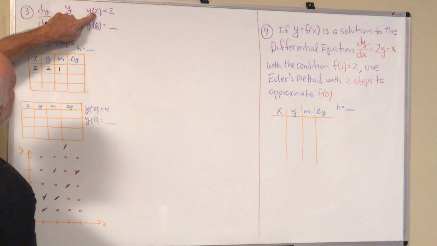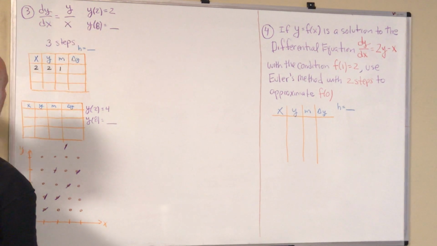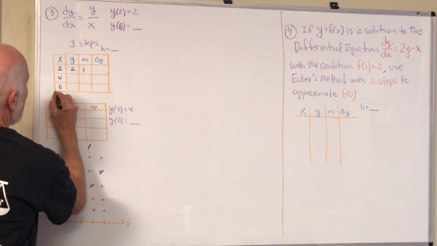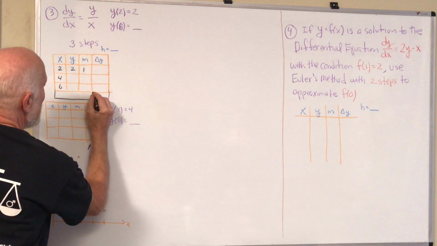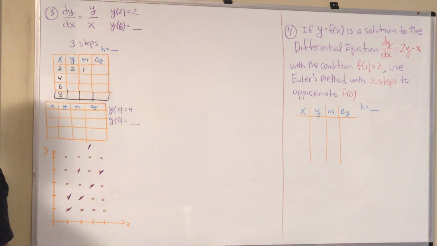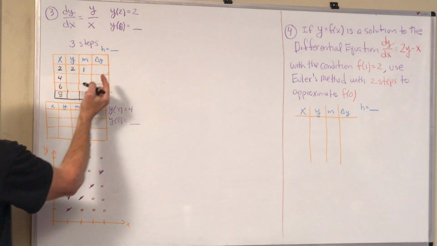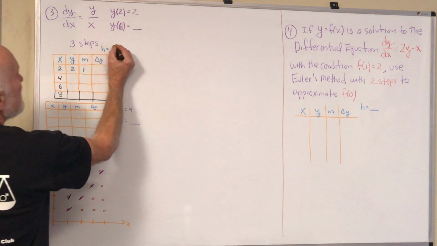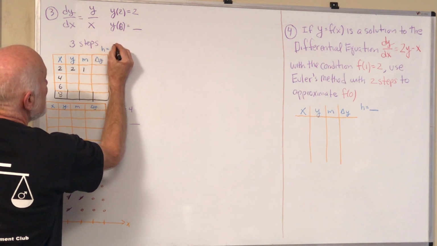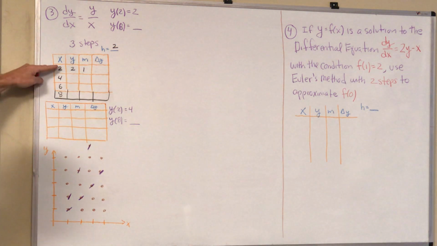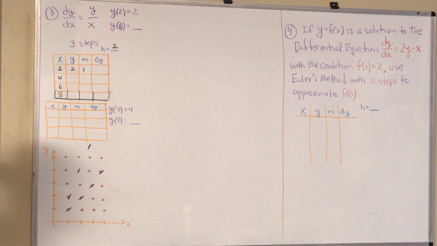So we're going from 2 up to 8. If I'm going from 2 to 8 in 3 steps, my step size is going to be 2. I'm changing my x value by 2. 2 to 4 to 6 to 8.